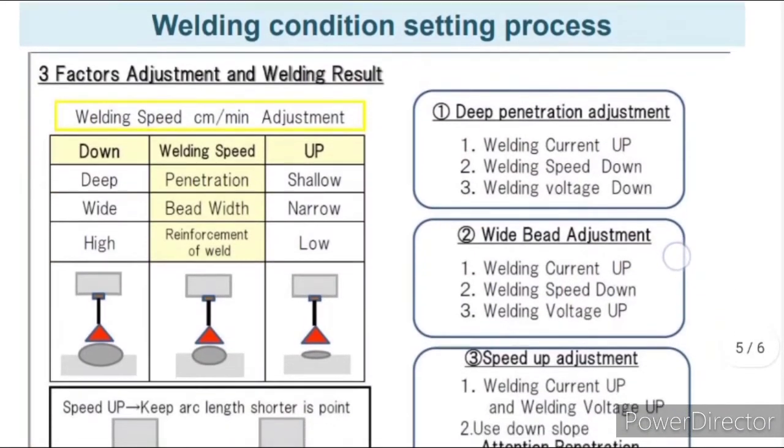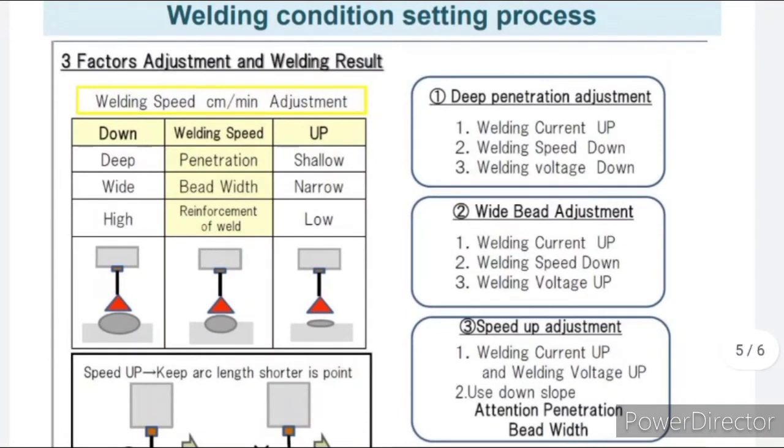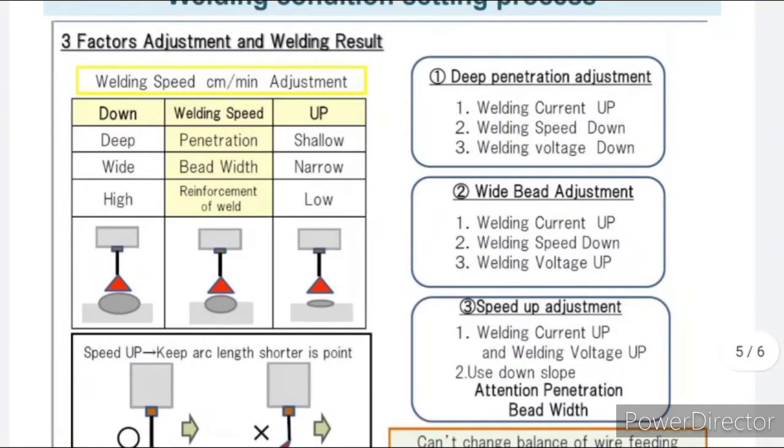We are discussing the welding condition setting process. The three-factor adjustment of welding we already discussed from the start. Now the welding speed in centimeters per minute adjustments. So what is the effect of welding speed? When you decrease the welding speed, then penetration is deep, bead is wide, and reinforcement is high, same as previous.